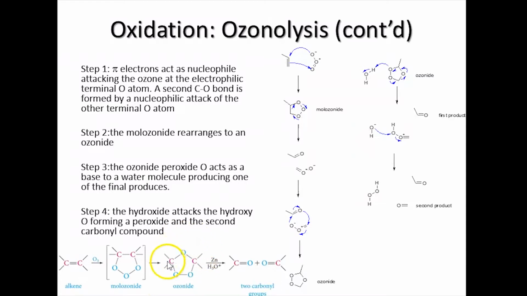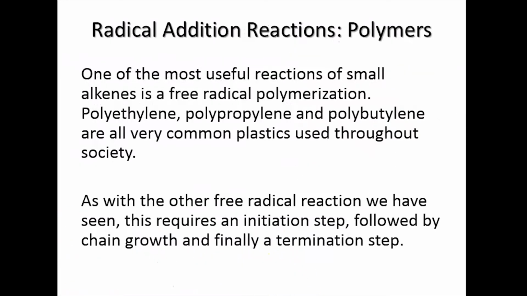So the oxygens will move around through that molecule, still a 5-membered ring, but now we have 2 oxygens and then 1 oxygen up on top. When that is subjected to zinc metal under acidic conditions, it will be cleaved or broken apart to form our 2 species.